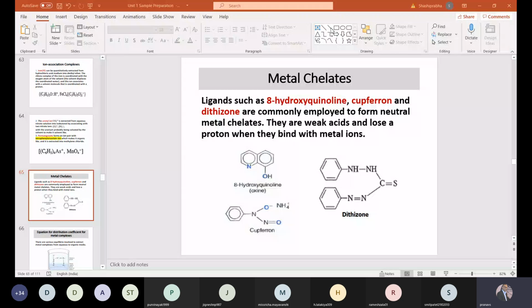And likewise with univalent ions, which were extracted in the nitrate medium in isobutanol, there also you cannot substitute isobutanol with, for example, hexane. That you cannot do. So that is why I said there is a limitation to ion association complexes.